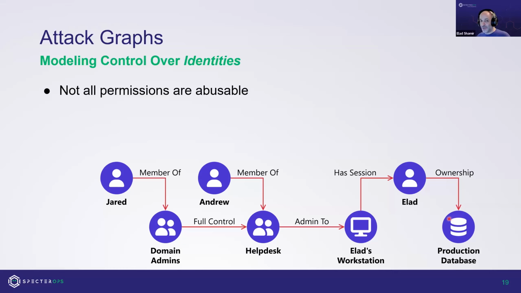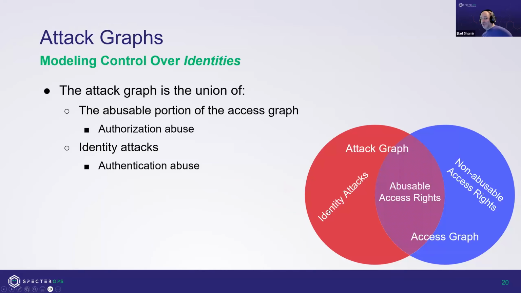So now, from the attacker's perspective, we can see that there's a bit more to the story, taking into consideration identities in transit. And there is an actual attack path, an actual risk that a defender might want to address. So this little ugly Venn diagram that I created earlier shows the relationship between the access graph and the attack graph.